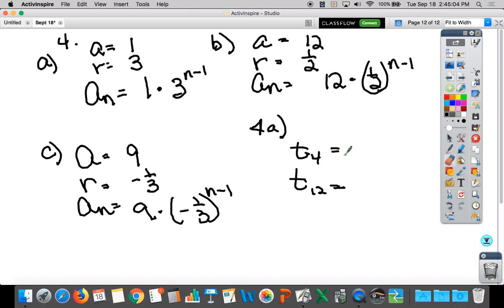It's 3 to the 11th power. So it's going up exponentially.